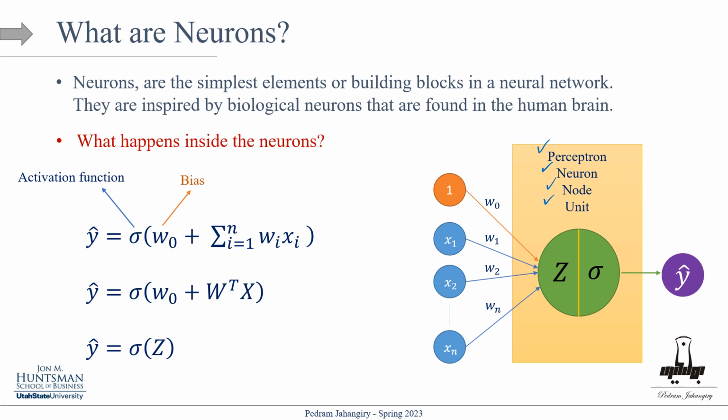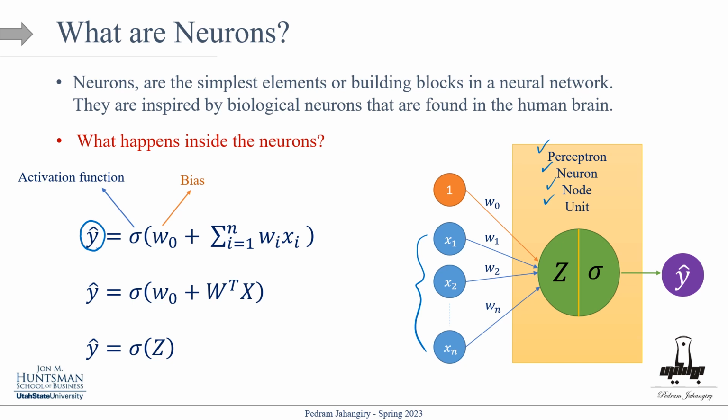Now, I'm going to show you what happens inside these neurons, right? So look at that. We have some predictions at the end of the day. So this is the output layer, right? At the end of the day, we have some predictions. And as we saw in the previous slide, it's coming from the fact that we are adding these weights to the inputs as a linear combination, right?